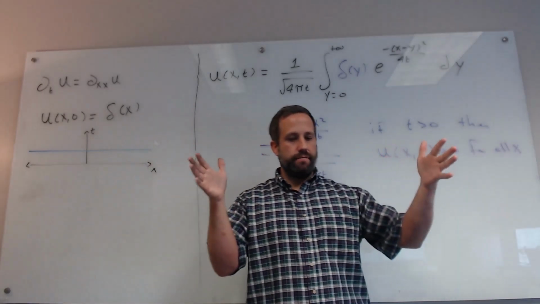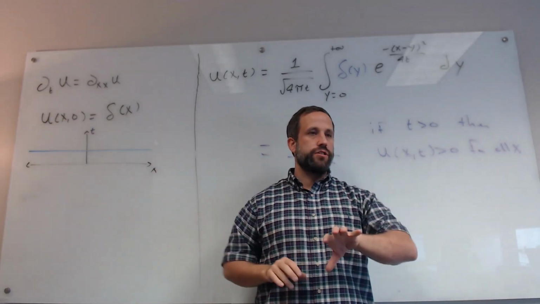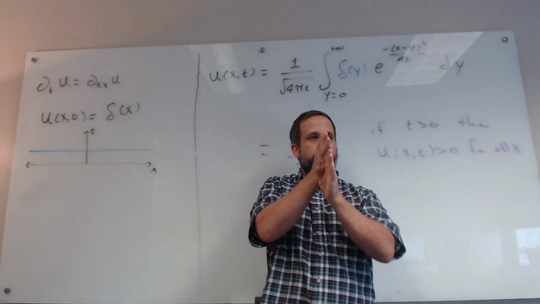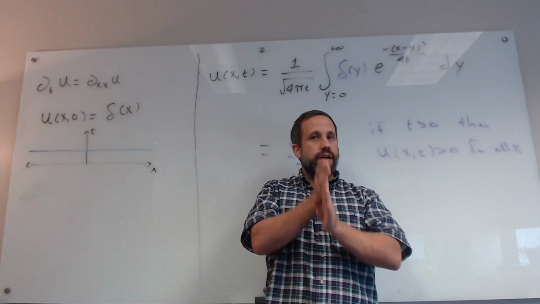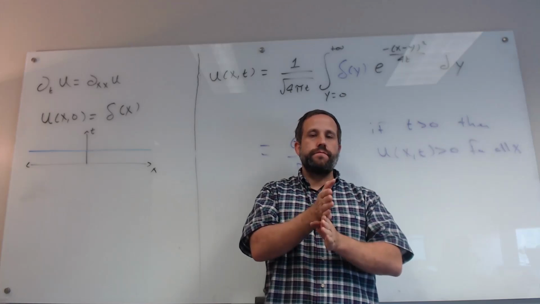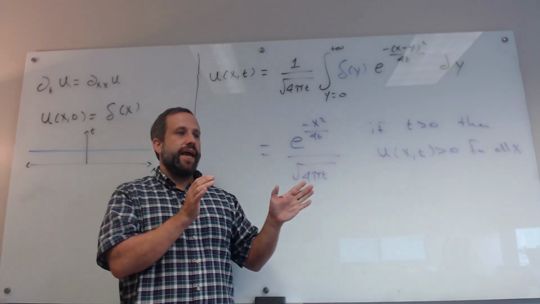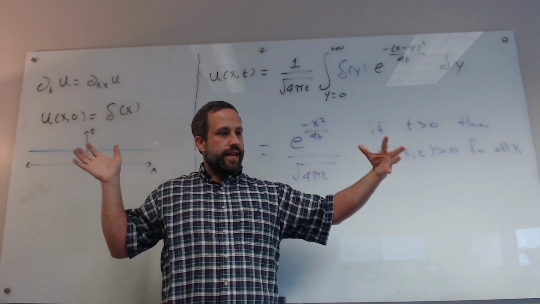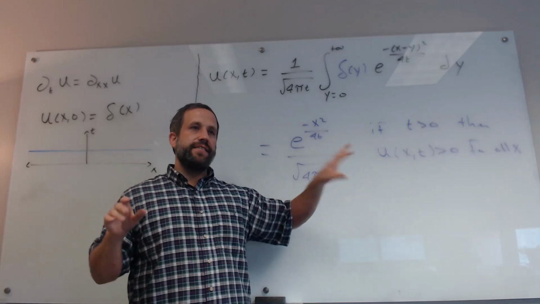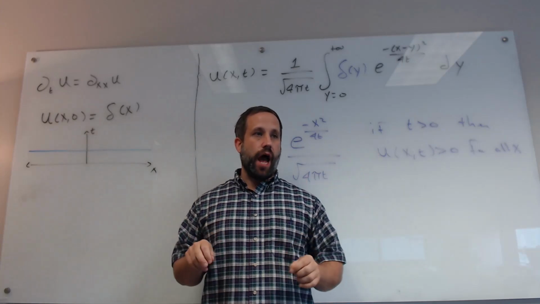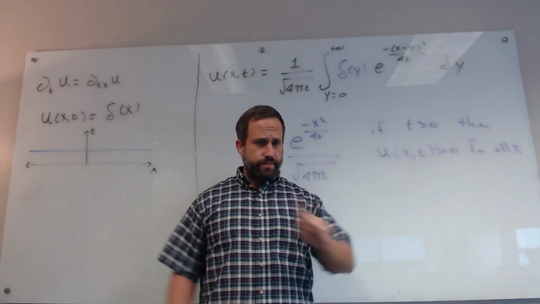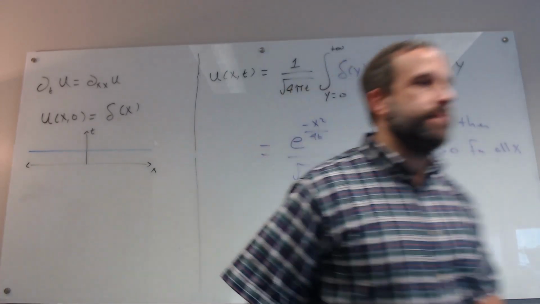You have an infinitely long pipe of water or something, and you have an infinite concentration of dye at 0 at time t equals 0. Okay, what this says is that if you have that dye and let it start to diffuse, then for any positive time, there's going to be dye all along the pipe. Mathematically, that's what's happening here.